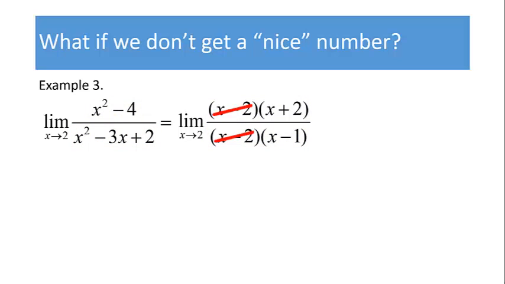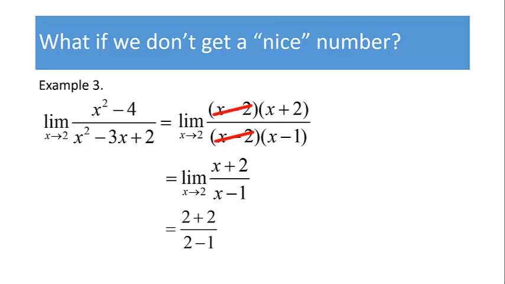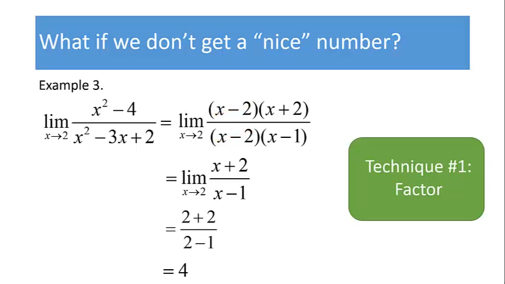We can then cancel the x minus 2 term from top and bottom. We are left with the limit of x plus 2 divided by x minus 1 as x approaches 2. And now when we evaluate, we get 2 plus 2 divided by 2 minus 1, or 4. So our limit equals 4. Our first big technique for dealing with a limit that yields 0 over 0 is to factor.